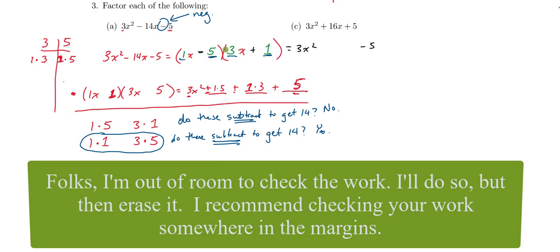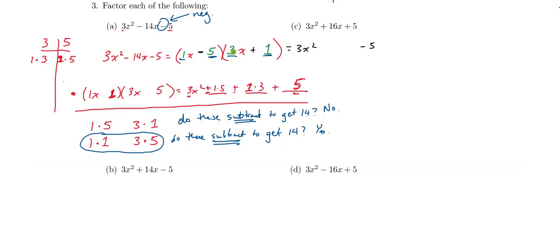When we do 1x times 1, we get 1x. And when we do -5 times 3x, we get -15x. Combining those two together does indeed give us the -14x that we were after, and so this does indeed check. Okay? So let me go ahead and put that down. I'm going to go ahead and erase that there.